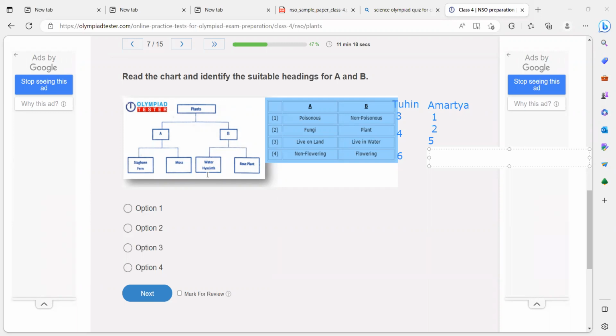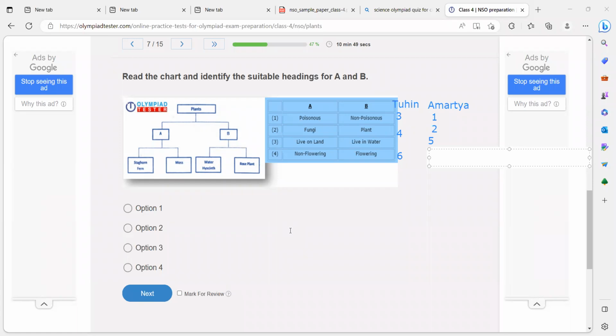Suitable heading means: are staghorn fern and moss poisonous, fungi, do they live on land, non-flowering, what type of plant? Or non-poisonous, plants that live in water, and flowering plant. Is it clear, Udit? No, ma'am. It's not clear.